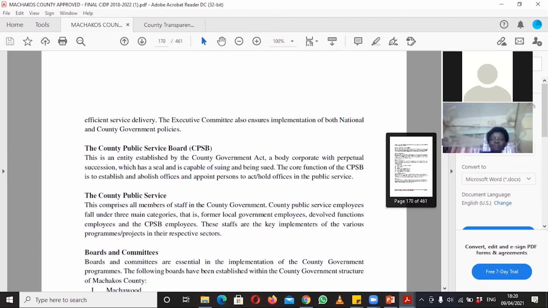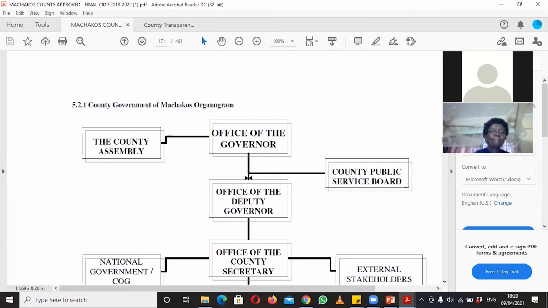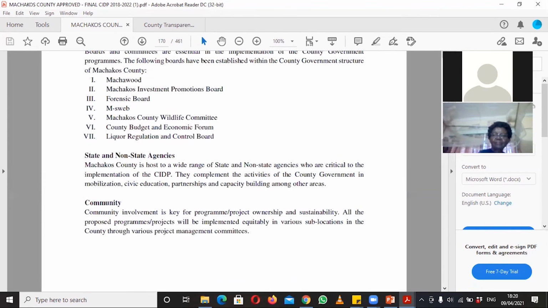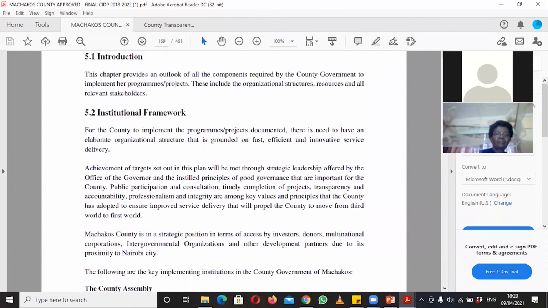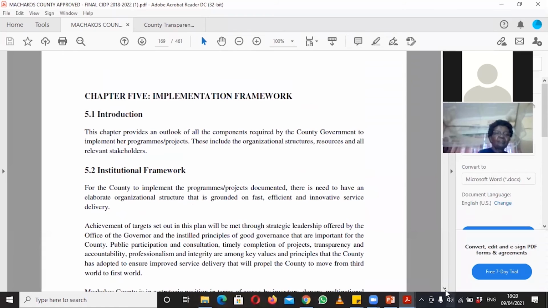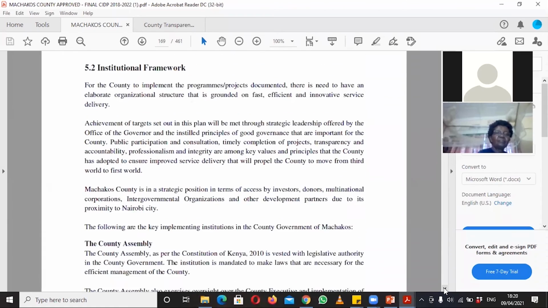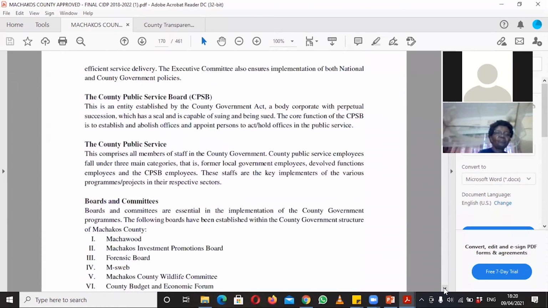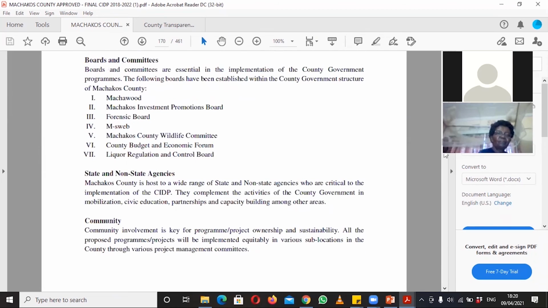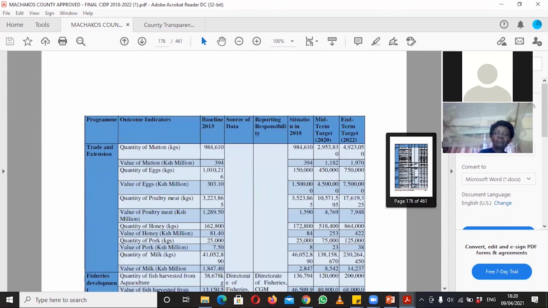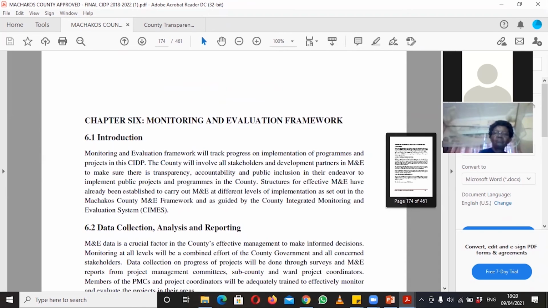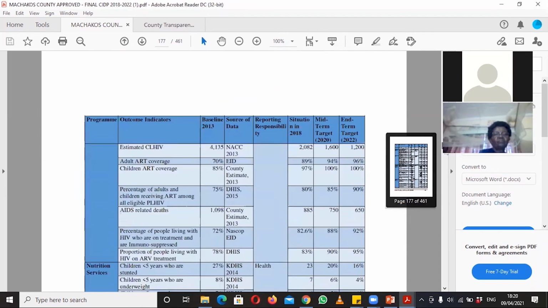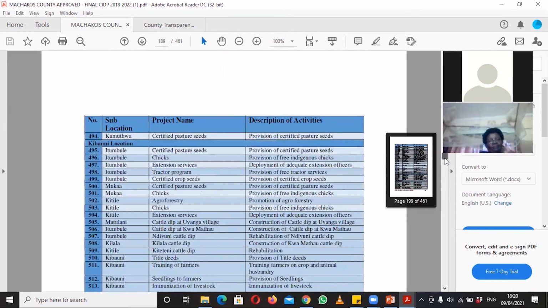Okay. So like you can see here, the implementation framework, how they intended to do what they have planned. So like you see, this is an overview, and they have also given us the M&E framework, how they intend to achieve what they want to achieve.